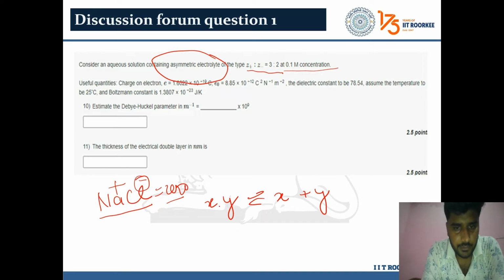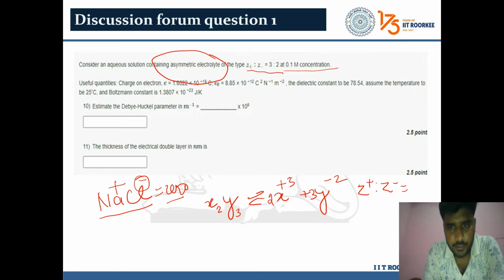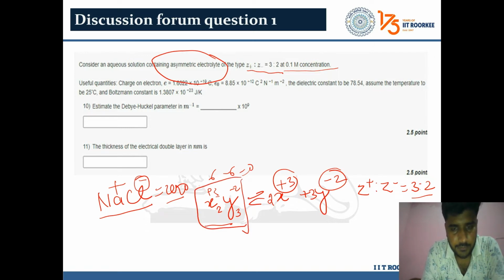If I write 2 and 3, it will dissociate like this. The z positive to z negative ratio is 3 to 2, and for neutrality the total charge will be 6 and similarly -6, so that is 0. So this formula is correct for this question, and you have to consider this type of electrolyte.